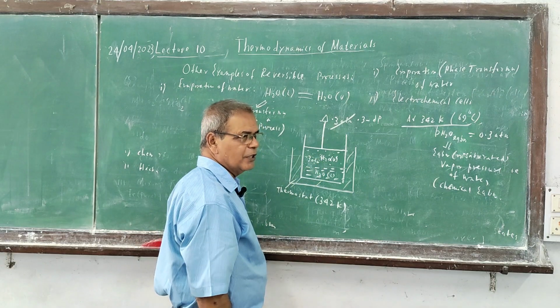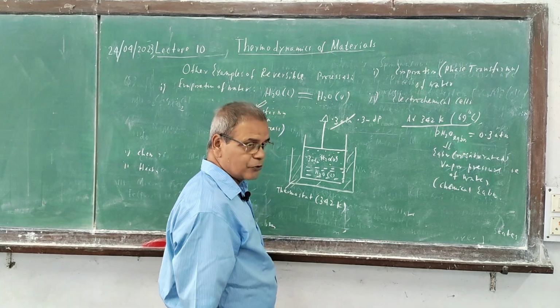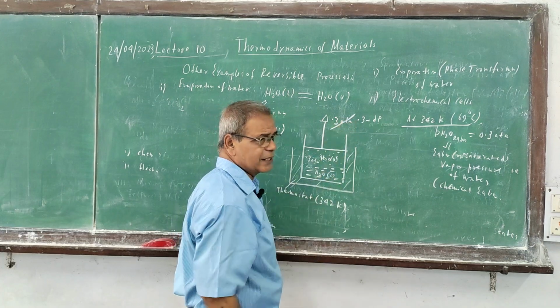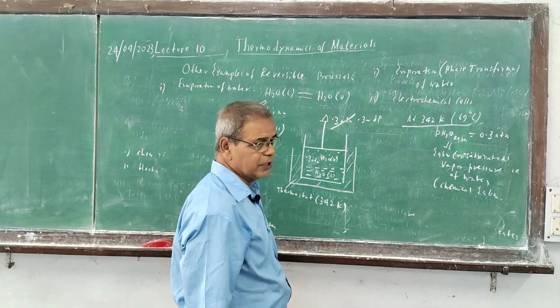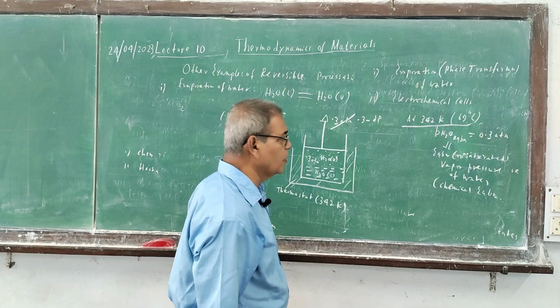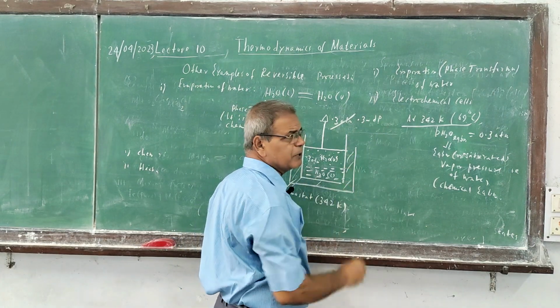The system is in equilibrium. Starting from this point, to carry out evaporation, unless you upset this value there is no hope of any process. It is in equilibrium and remains in equilibrium. So to make it reversible, we make the external pressure 0.3 minus dP.